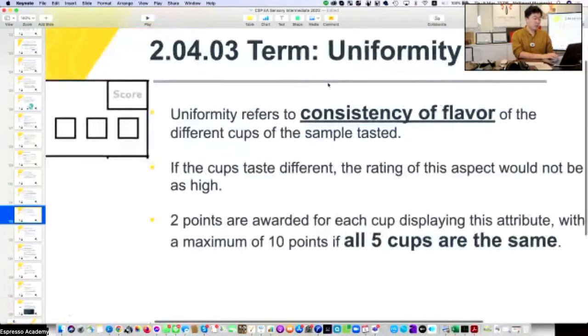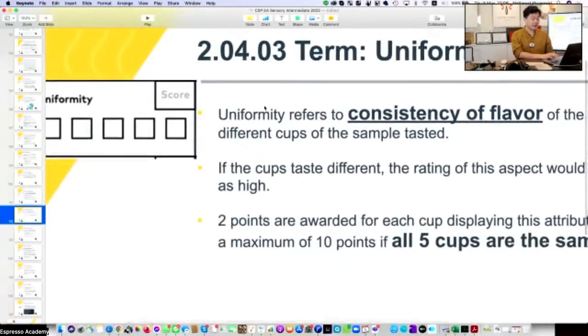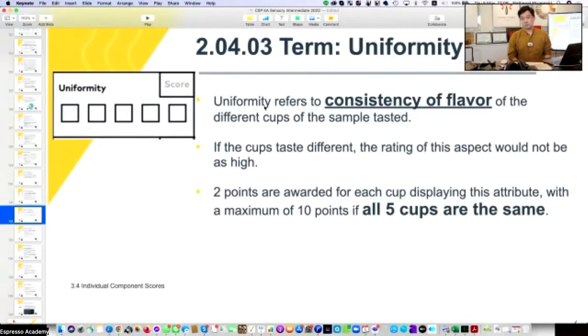Then we talk about uniformity, which is consistency of flavor. With natural processed coffee, sometimes you get fruity, floral. Suddenly one cup, it just goes boom, floral, fruity, berries, very berry-like. So that one cup might get marked as berrier than the other cup, or fruitier than the other cup.